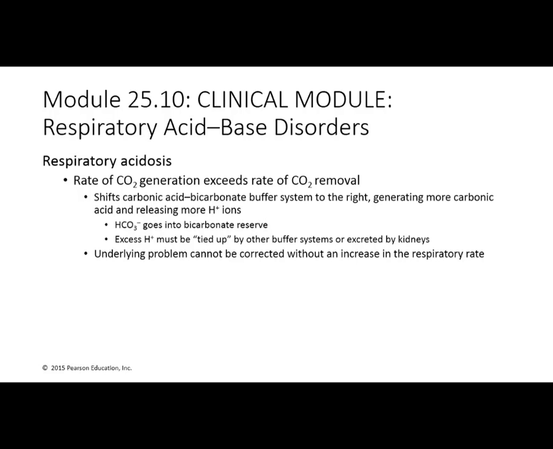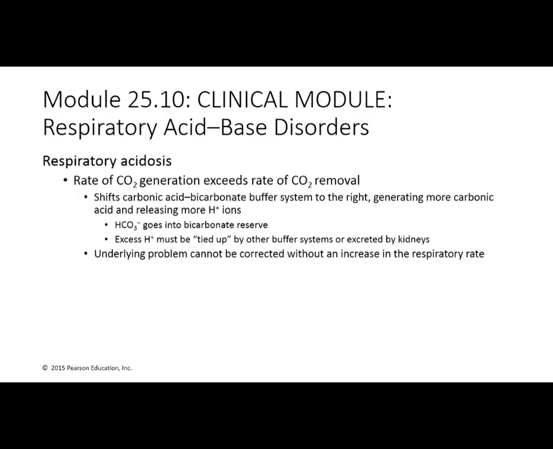So the underlying problem cannot be corrected without an increase in the respiratory system. So the respiratory system is going to do its best to fix this by what's going to happen to the respiratory rate? If you're accumulating CO2, what would the lungs try to do? Yeah, get rid of that CO2, right? Get more oxygen in and get more CO2 off. Again, respiratory rate would increase.